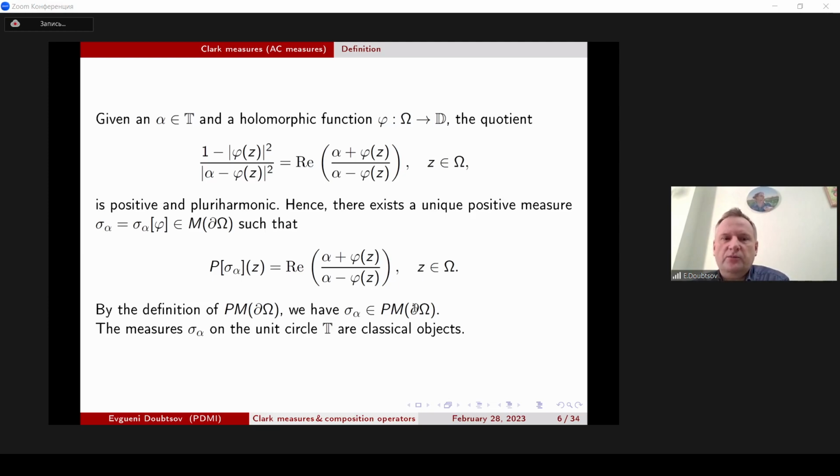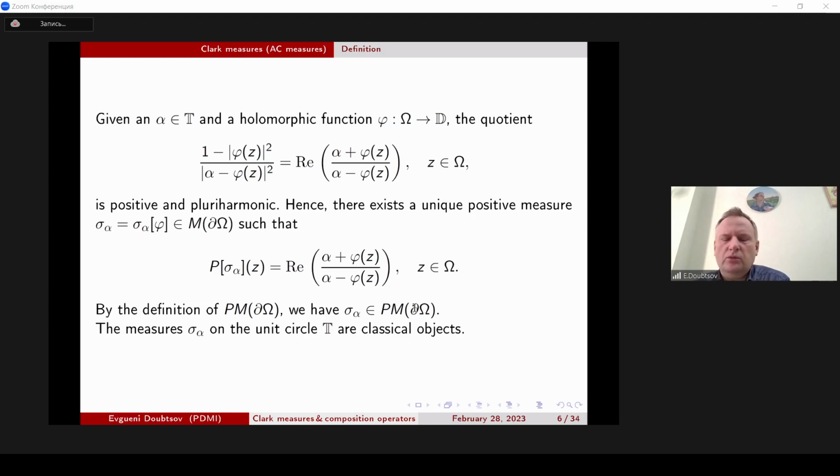Once we have a positive and pluriharmonic function in this domain omega, just basic theory of Poisson integrals, like in the unit disk, guarantees that there exists a unique positive measure, and we denote it by sigma sub alpha. This is sigma alpha of phi, of course, and this is a measure on the distinguished boundary, such that its Poisson integral is exactly our function. I prefer to write that this is the real part of this quotient, the right-hand side expression.